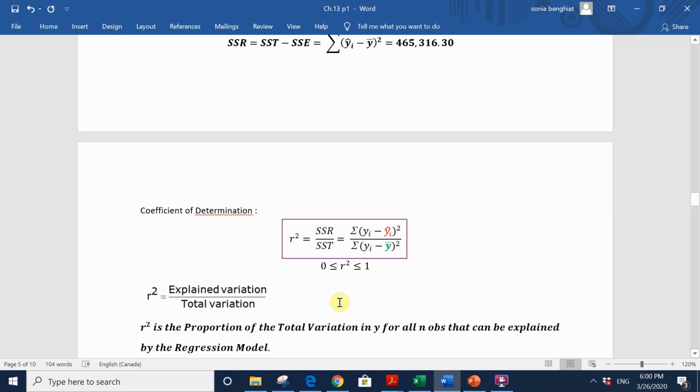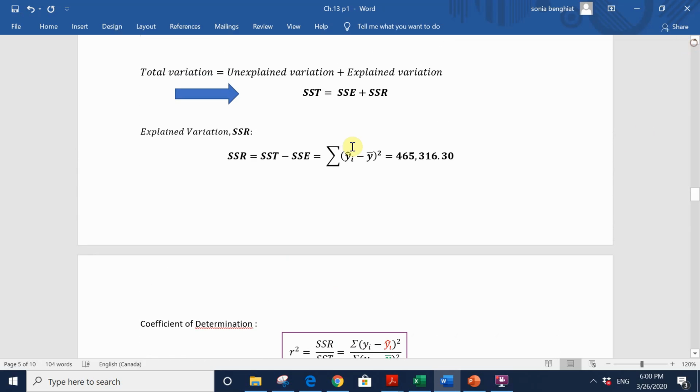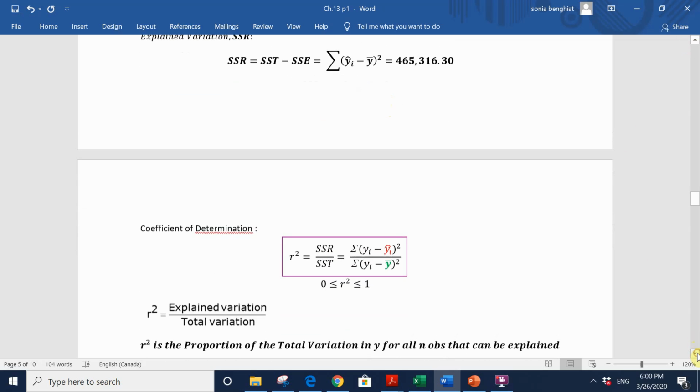It is a proportion. In other words, I am comparing this SSR to the total variation that exists in the simple linear regression model. Let's not forget that SST is made up of SSE, the unexplained variation, and SSR, the explained variation.